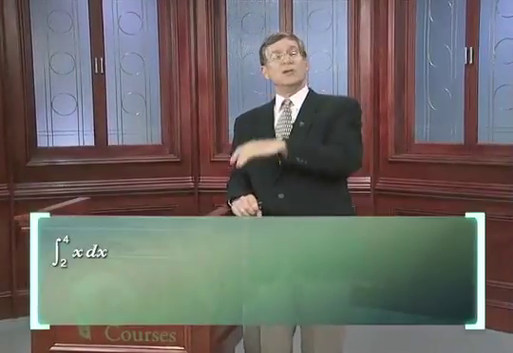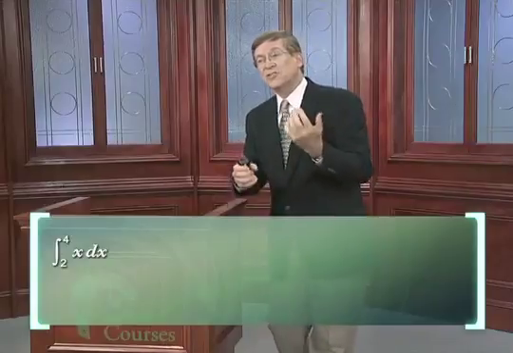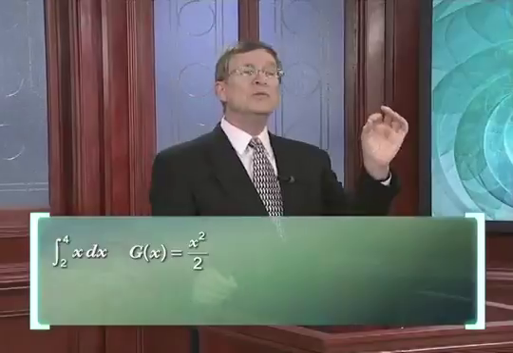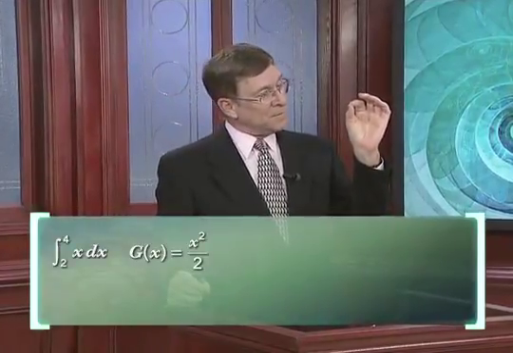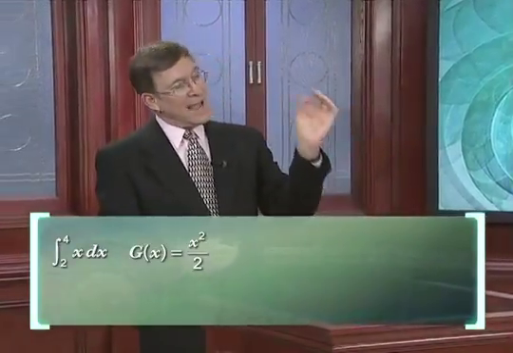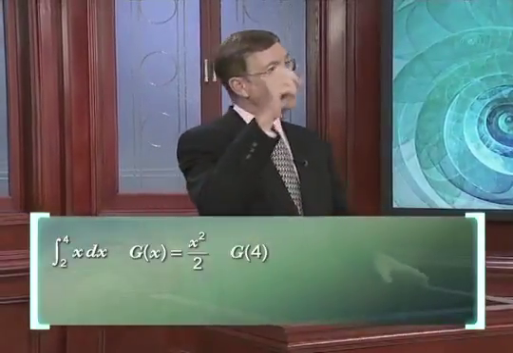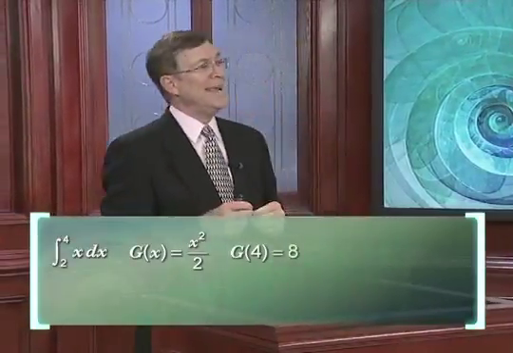Well, what's an antiderivative of x? It has lots of antiderivatives, but perhaps the simplest is x squared over 2. Then you evaluate the antiderivative at the 2 endpoints. So g of 4 is 4 squared over 2, or 8.